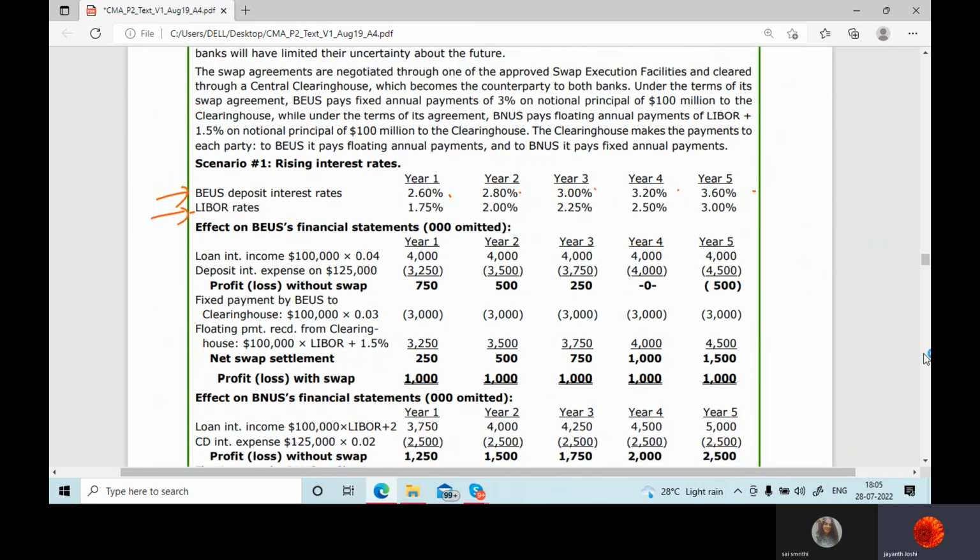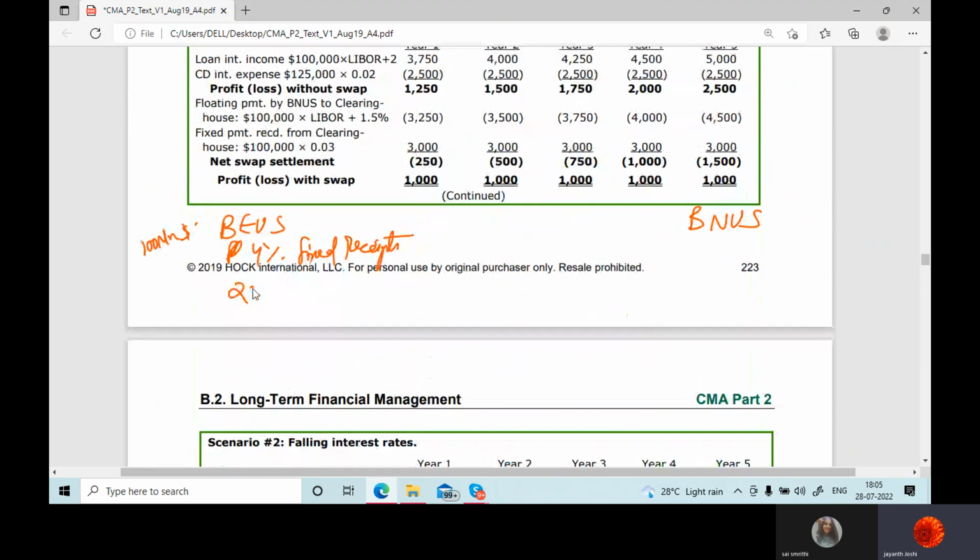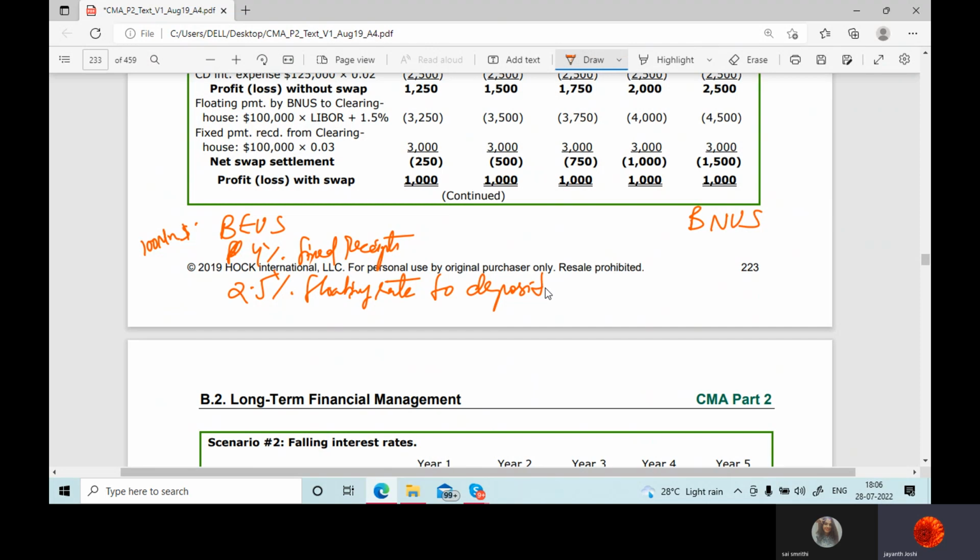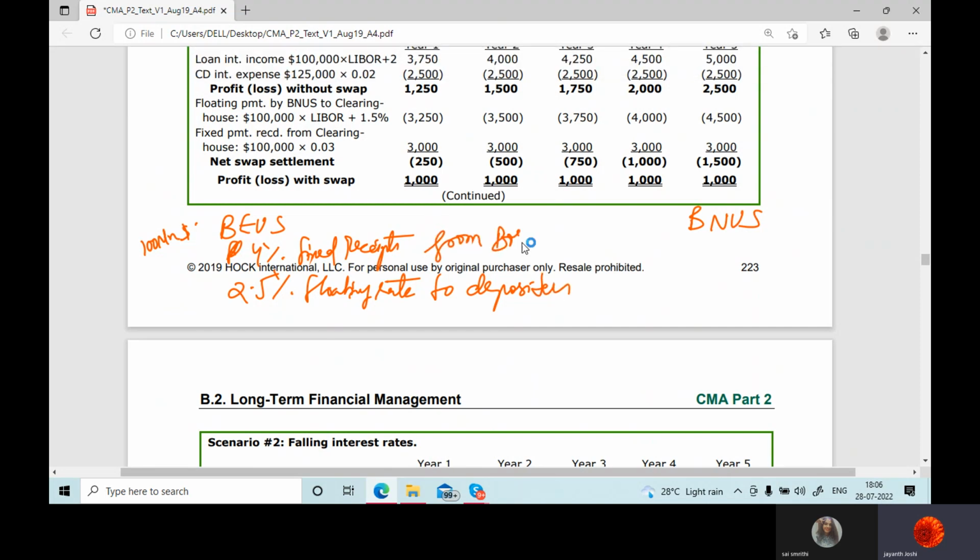So now things are very clear here. BEUS has given $100 million loans to their customers. From them they are supposed to receive interest at the rate of 4%, which is fixed.